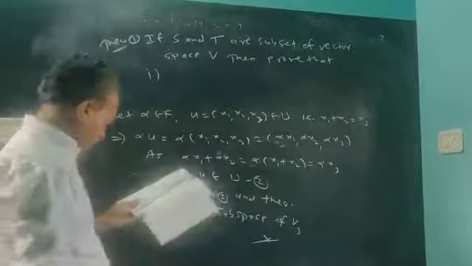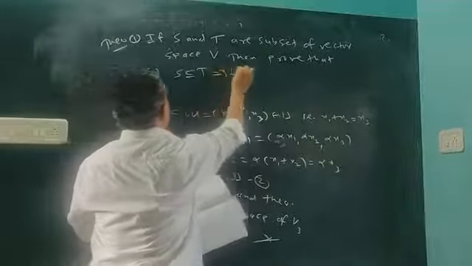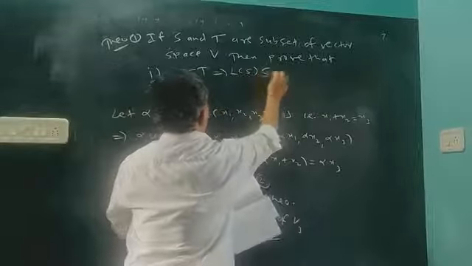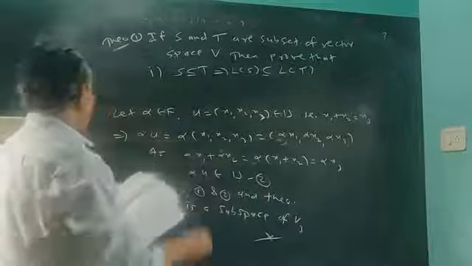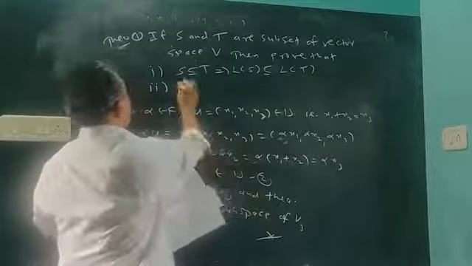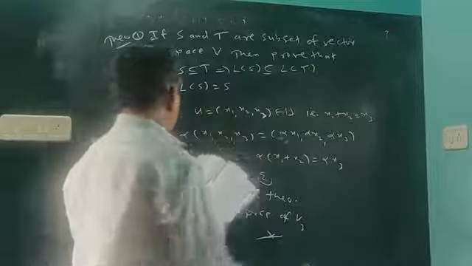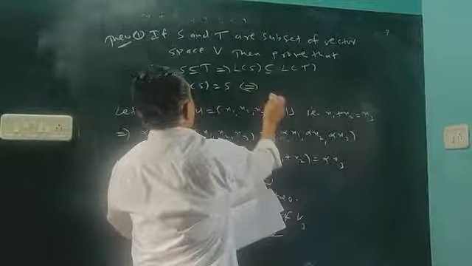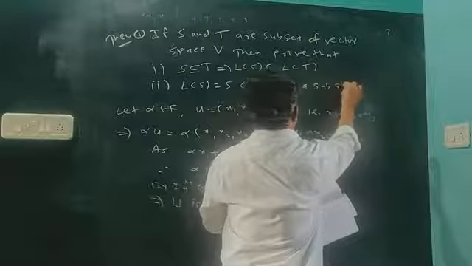First point: if S is a subset of T, then L of S is a subset of L of T. Second point: L of S equals S if and only if S is a subspace.